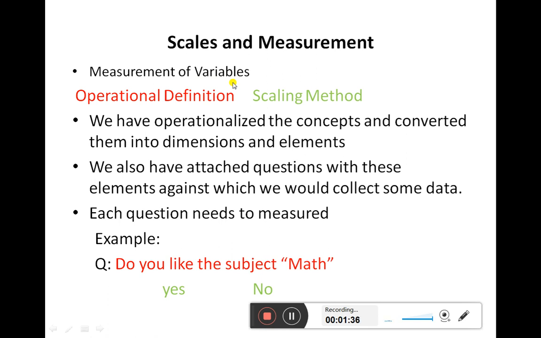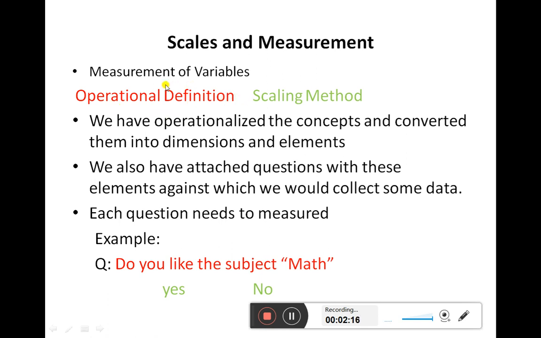So when we have a subjective variable, we first start from the operational definition. The concept must be split or converted into different dimensions and sub-elements, and upon those elements we develop the different questions or statements. Hopefully a bit of an idea is clear. All of this we already discussed in the last lecture.